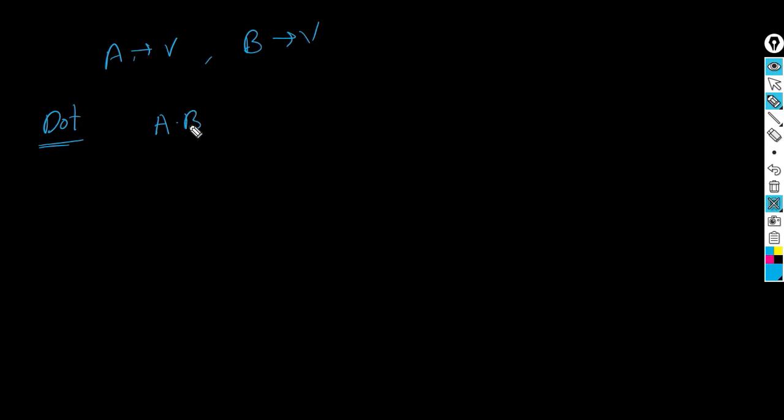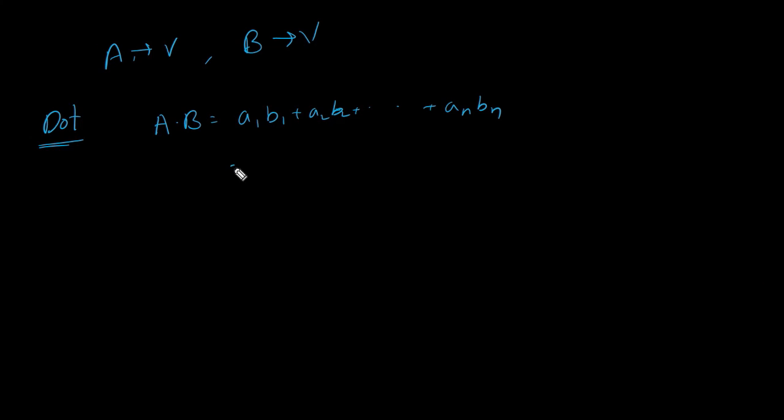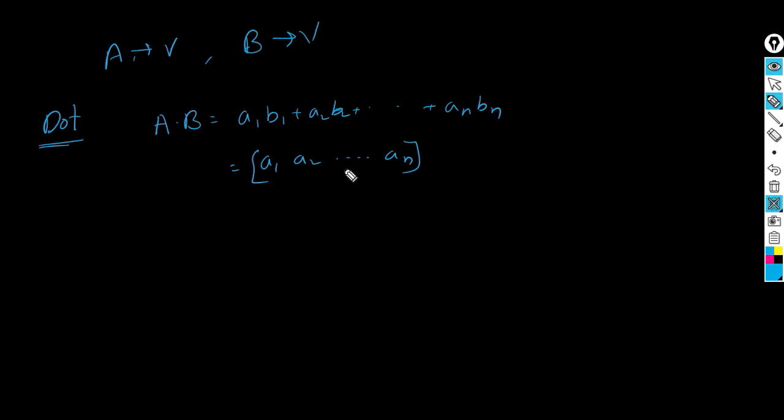A dot B equals A1 B1 plus A2 B2 up to An Bn. We can also represent this in matrix form, with A1 A2 An as a row vector and the column vector B1 B2 B3 Bn.